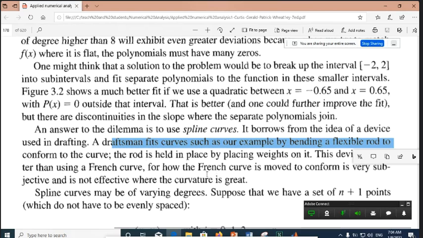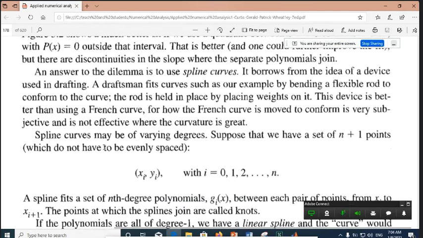The rod is held in place by placing weights on it. This device is better than using a French curve, for how the French curve is moved to conform is very subjective and is not effective where the curvature is great. Spline curves may be of varying degrees.